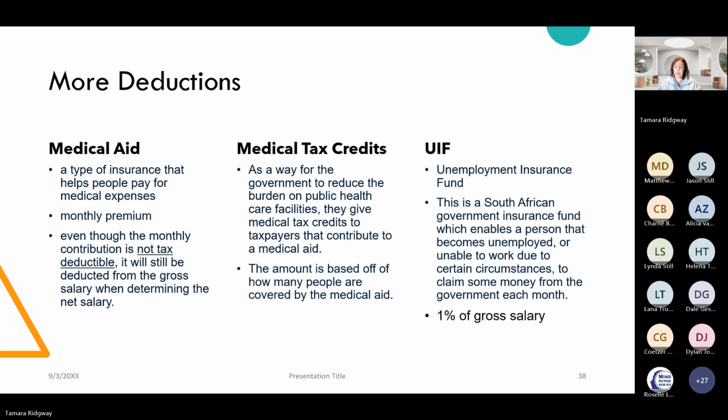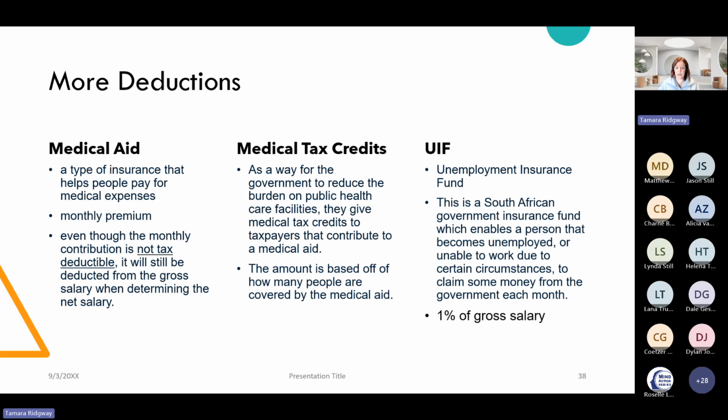But it does have a direct impact on you because of medical tax credits. This is another way for the government to reward you for reducing the burden on public healthcare facilities, because you've taken the initiative and joined a medical aid, looking after your health.